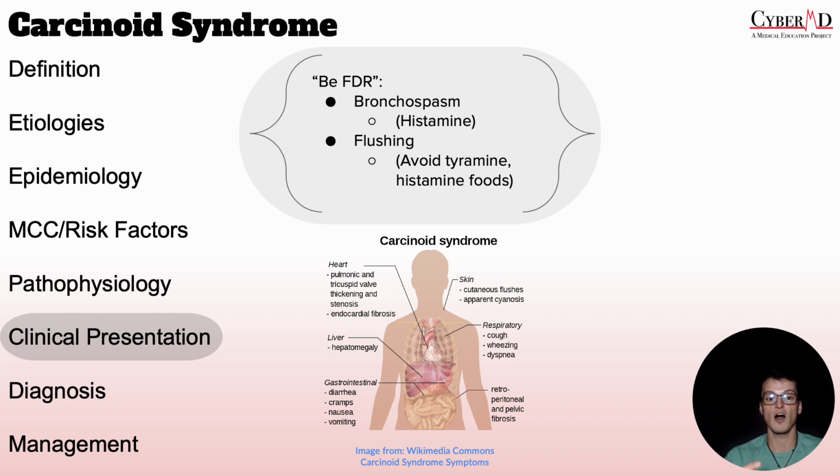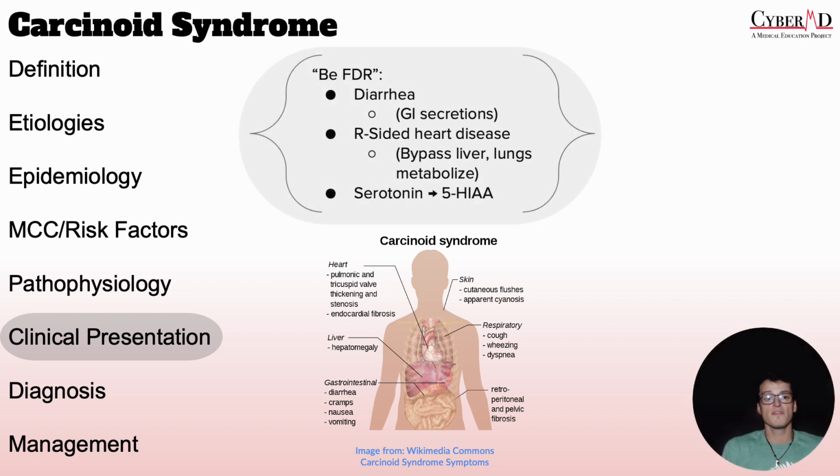Two of the most common manifestations of carcinoid syndrome, so two of the most common clinical presenting chief complaints, are actually going to be the flushing and the diarrhea. The diarrhea is often watery and can be accompanied by abdominal cramping.